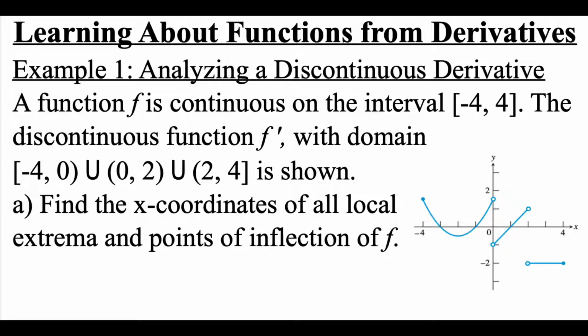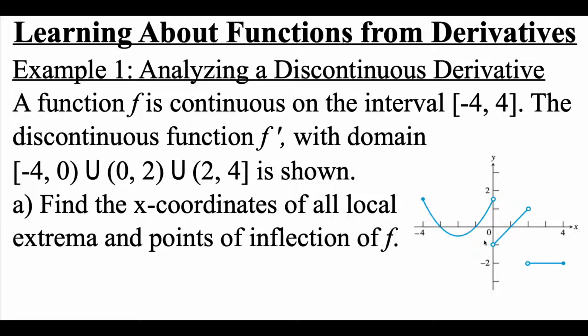We've got a function f that is continuous on the interval from -4 to 4, but the discontinuous derivative with a domain of -4 to 0 and 0 to 2 and 2 to 4 is shown in the graph on the right-hand side. We want to figure out all the x coordinates of the local extrema and also points of inflection for the original function f.